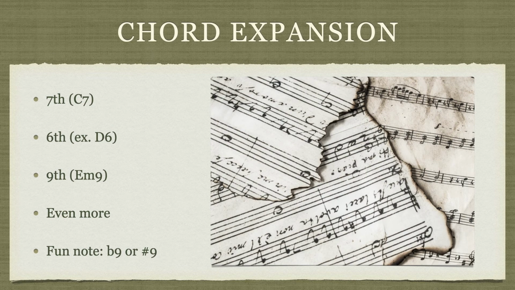So remember those numbers, the 6 and the 7? This is where they come in. It's actually really simple. With those numbers, they just want you to expand the chord and add those notes to it.